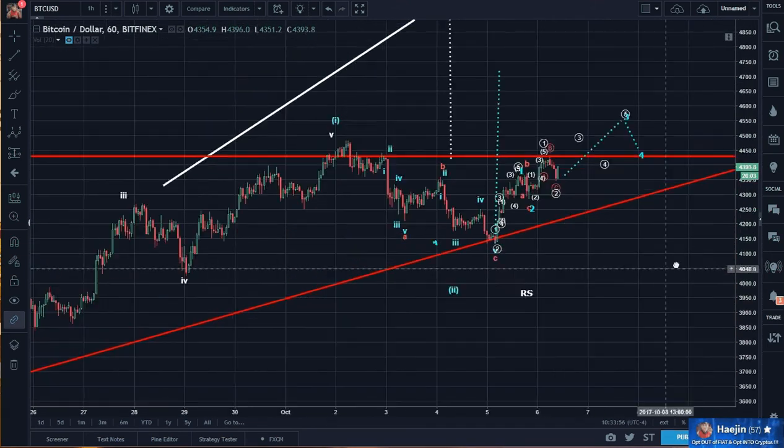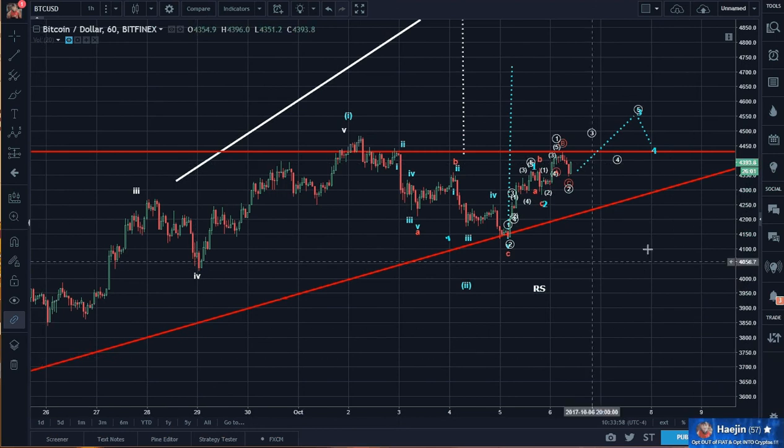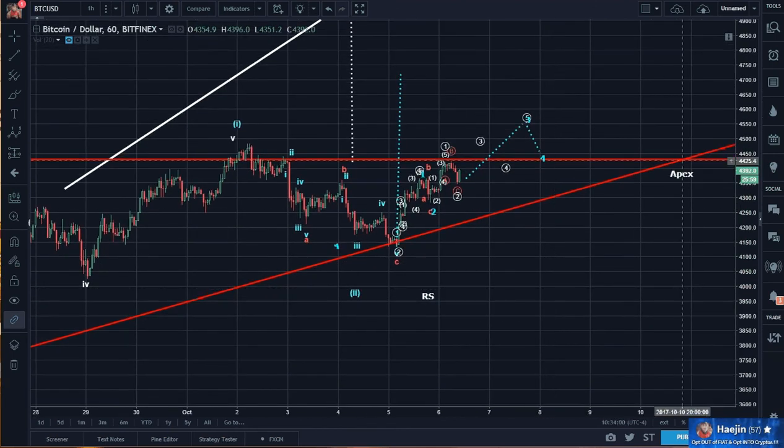Okay. You saw this ascending right triangle, right? The apex is here at around the 10th of October. So there's another week or so left, almost.